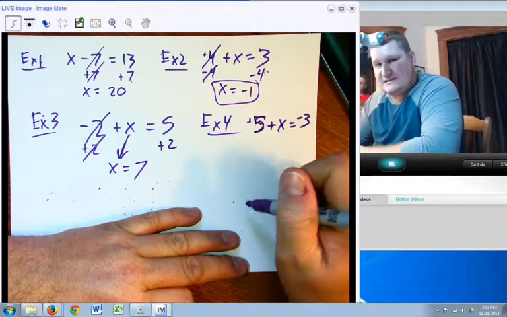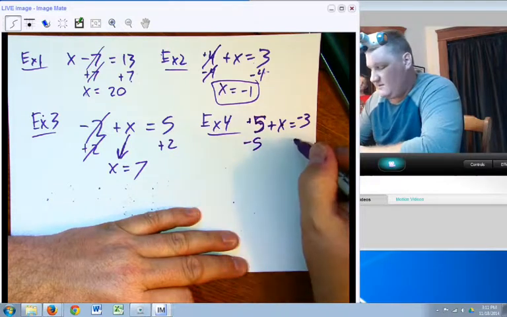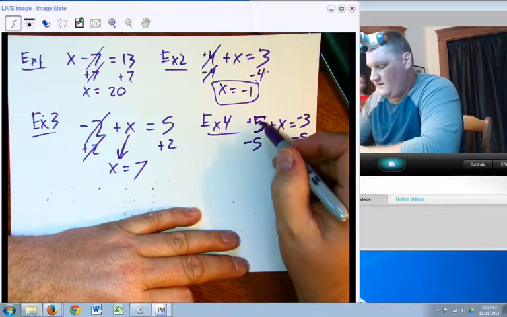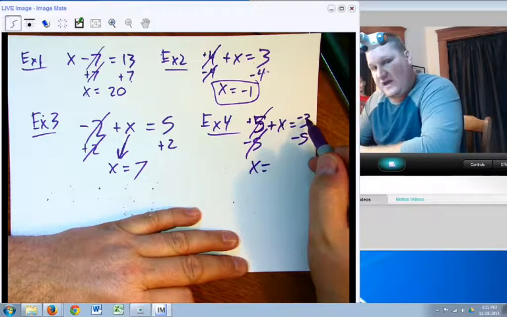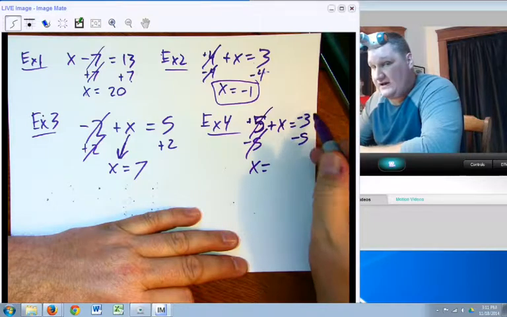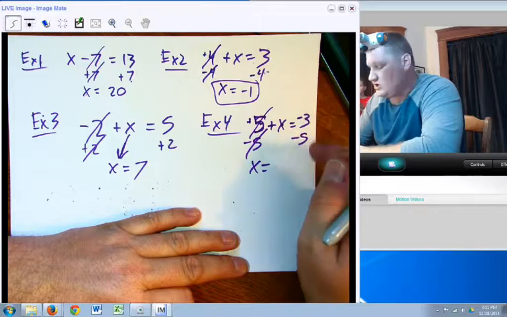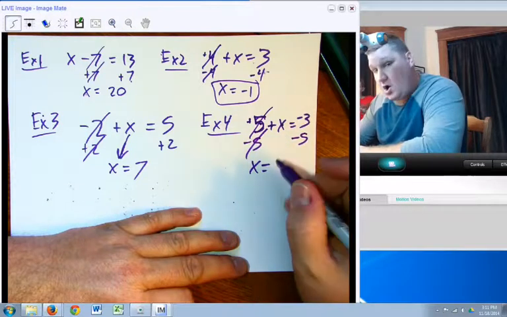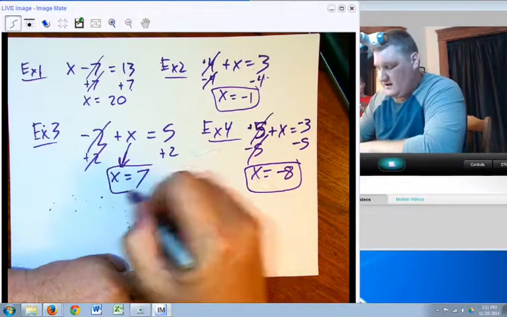A positive. The way to get rid of a positive, minus. It's a negative. So minus 5 on this side, minus 5 on this side. Those go away, leaving x. But here's the thing. What is negative 3 and negative 5? Now remember, we're adding, not multiplying. So the negatives don't go away. I owe $3. I owe $5. So I owe a total of $8. So there's your answers for these.